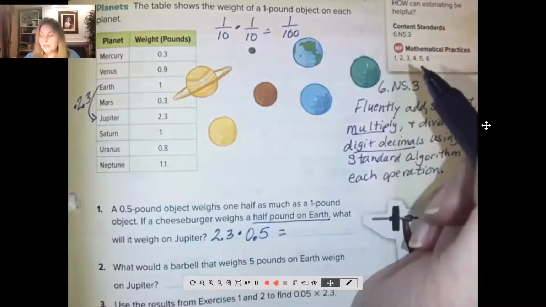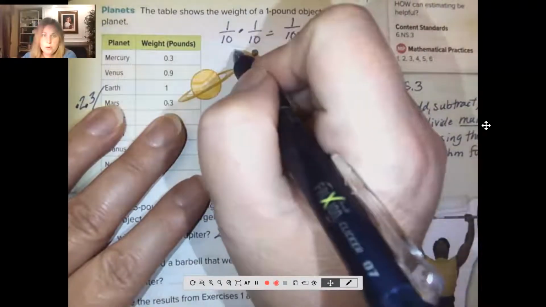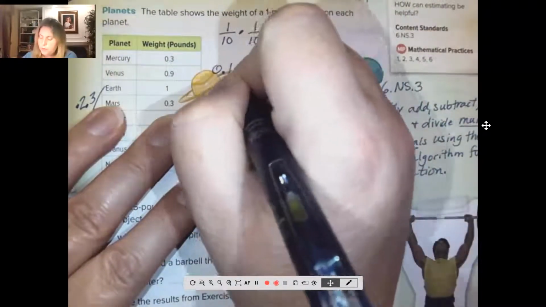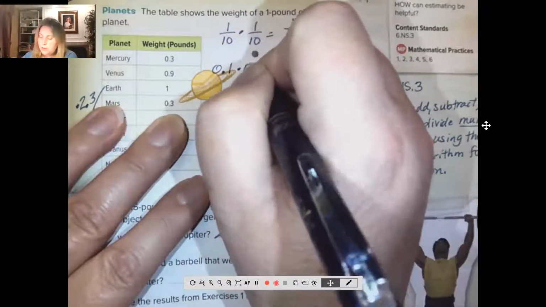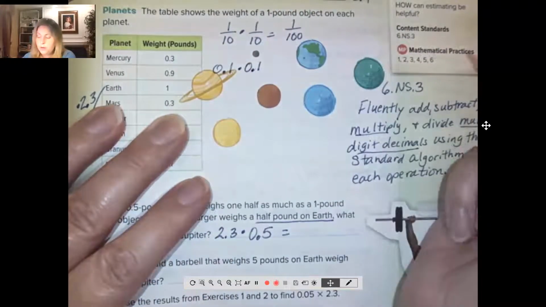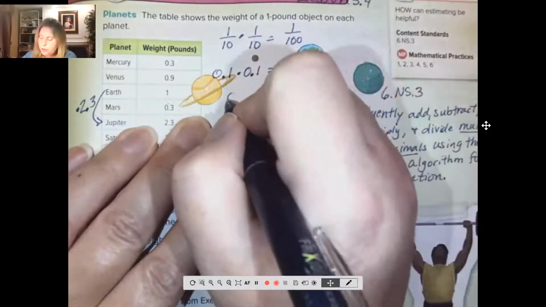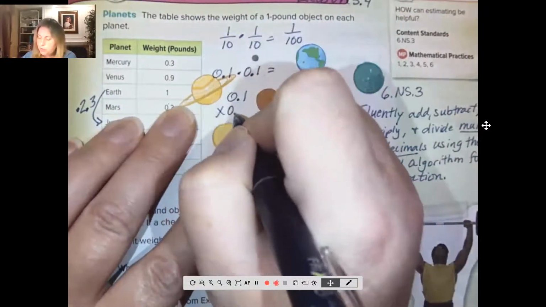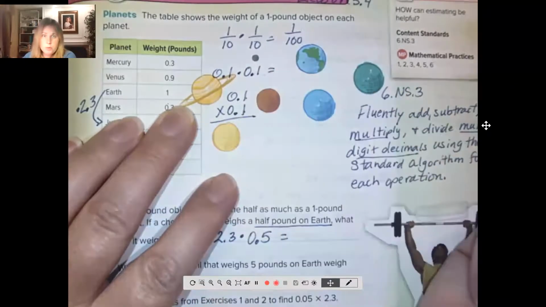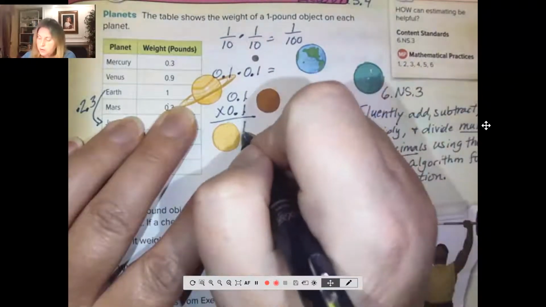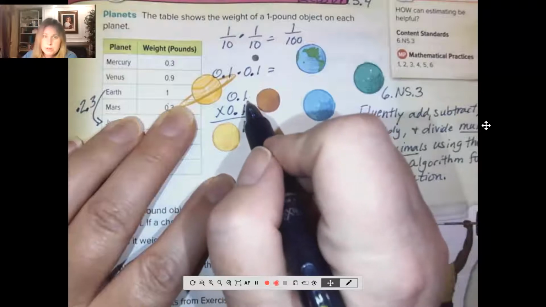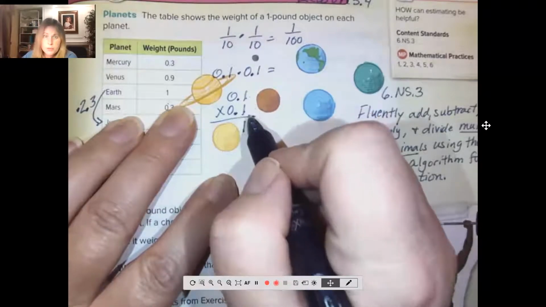When we think of this as decimals, remember 1/10 is just 0.1. So 1/10 times 1/10 is 0.1 times 0.1. 1 times 1 is 1. Then how many decimals do we have in our problem? 1, 2.